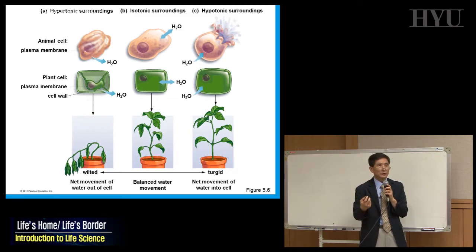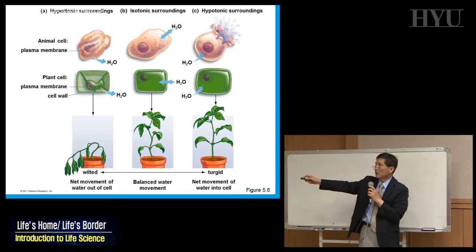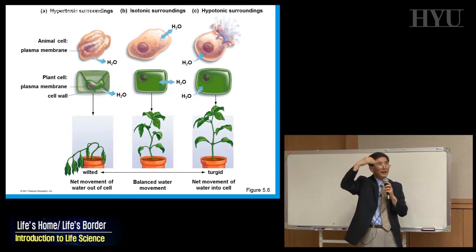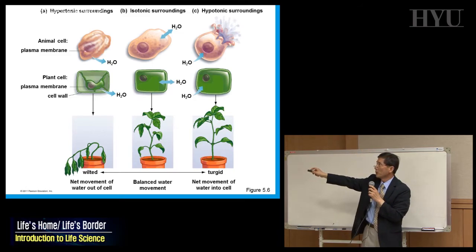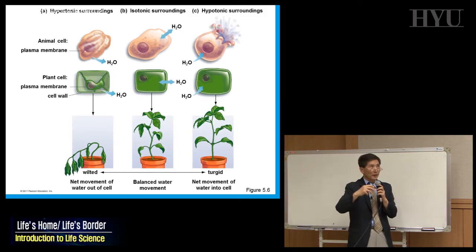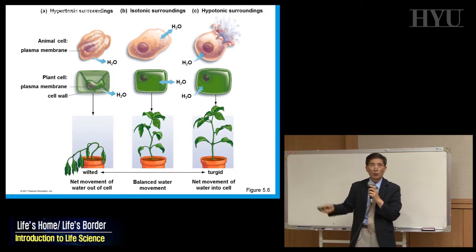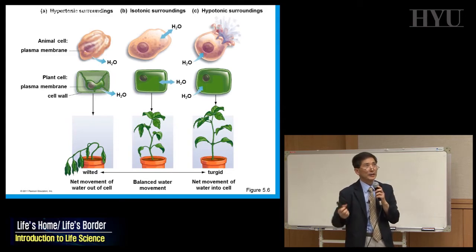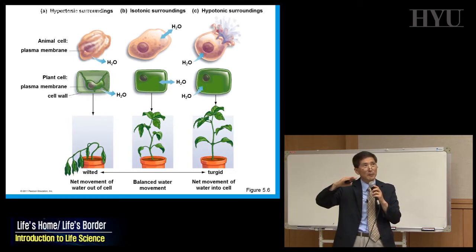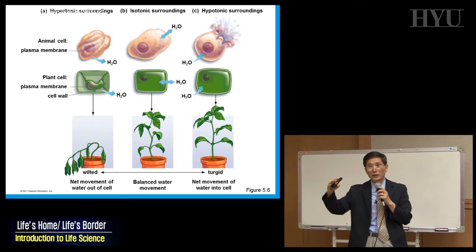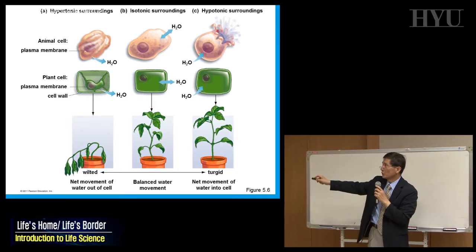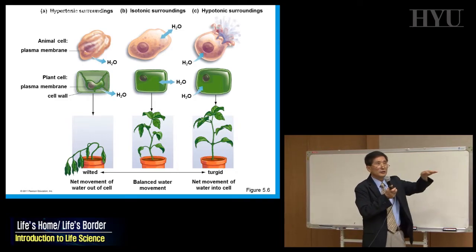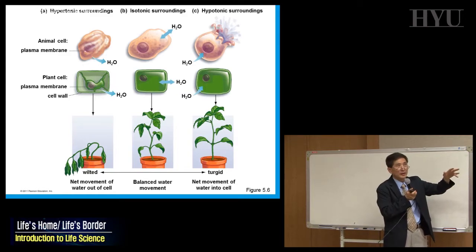Sounds all the same, right? Hyper means higher. Hypo means lower. Iso, we talked about isotopes, right? It's the same element with different numbers of neutrons. So isotonic means the concentration is the same.